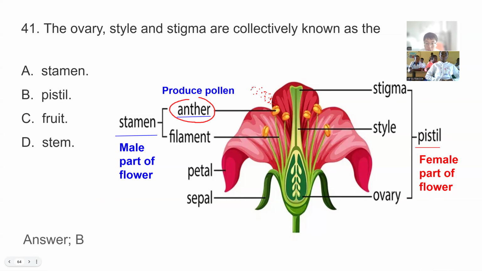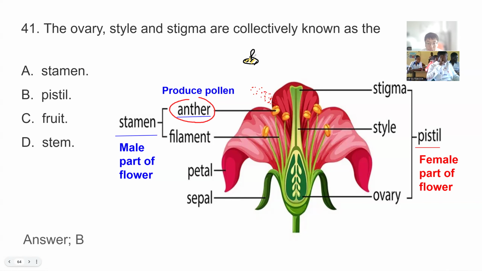And this pollen, as it travels to another flower, maybe by wind, or it can also be transferred by pollinators, like bees or butterflies.